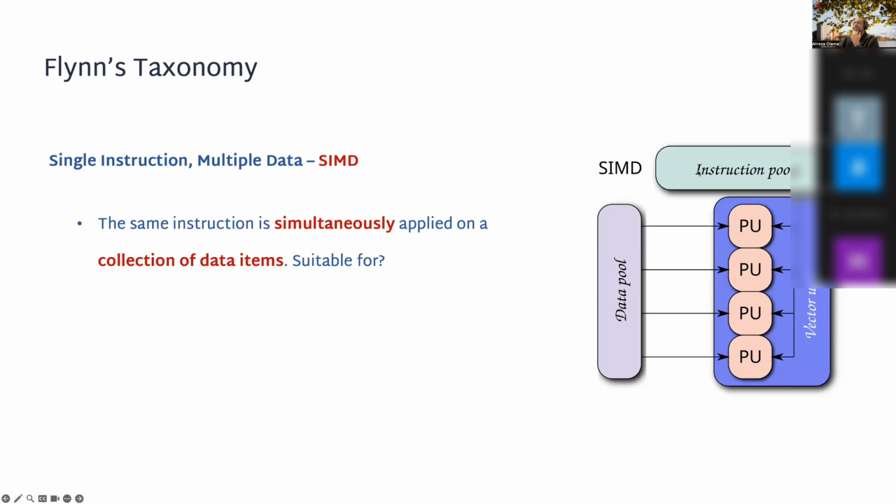And then a single instruction, which is called a vector instruction, is fetched from the instruction pool. And then these data items that are fetched from the data pool are processed simultaneously, at the same time. So in these SIMD machines, the same instruction is simultaneously applied on a collection of data items, not only on a single data item.